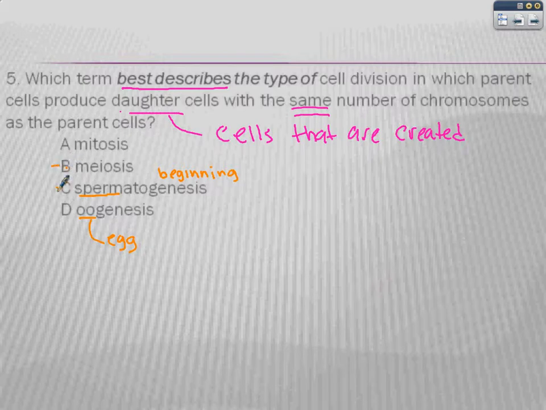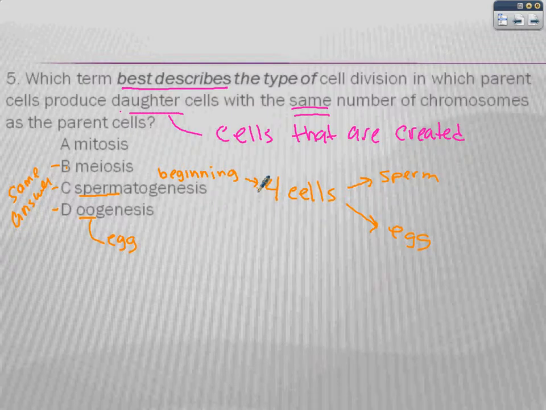So B, C, and D are all the same answer. Because you'll go through meiosis, you end up with 4 cells, and then either you'll become a sperm if you're a male, or you'll become an egg if you're a female. Again, that begins with meiosis.